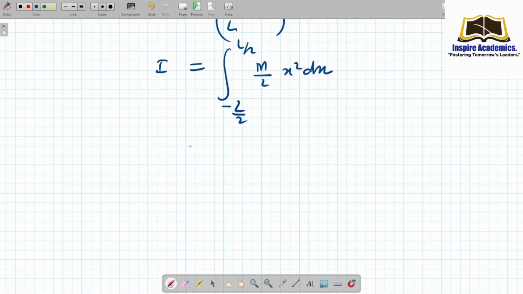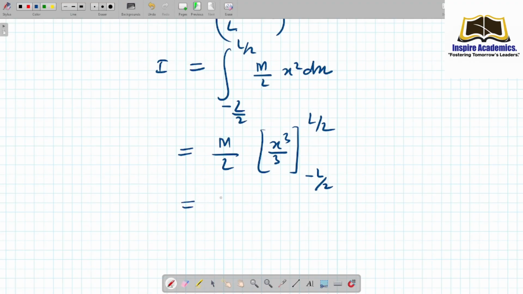Yes. So here you will take m upon L. This will become x cube by 3, and your limits would be negative L by 2 to positive L by 2. You understand this?